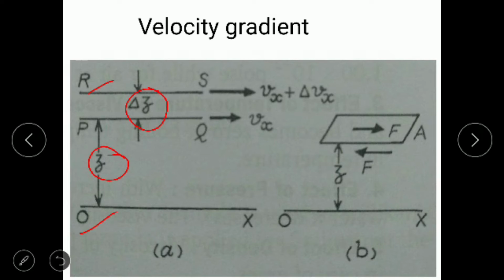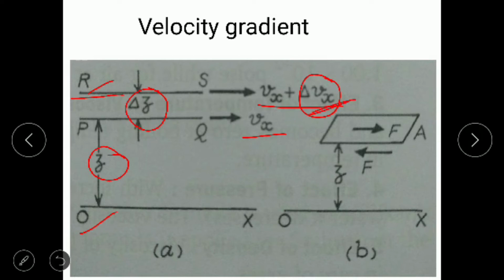Vx is the velocity of the layer PQ, and Vx plus del Vx, that means the velocity increased by a small amount del Vx, is the velocity of the layer RS. So the velocity of RS is more than the velocity of PQ by del Vx. Keep that in mind.